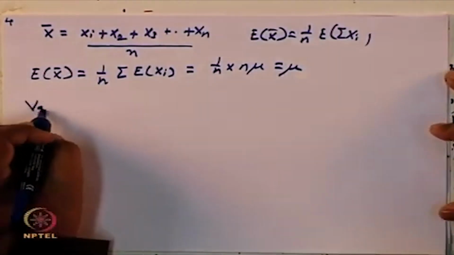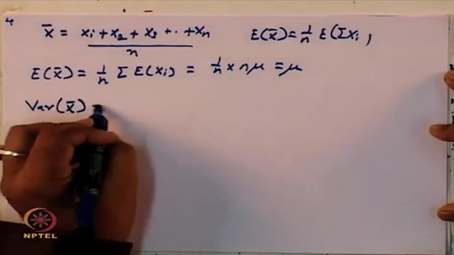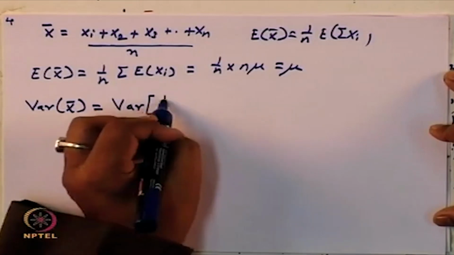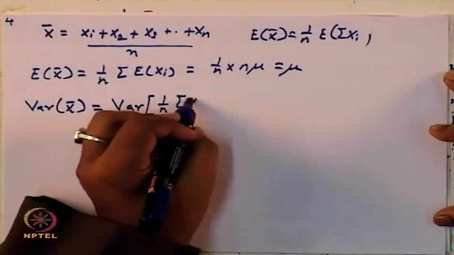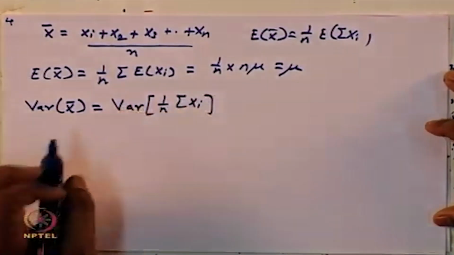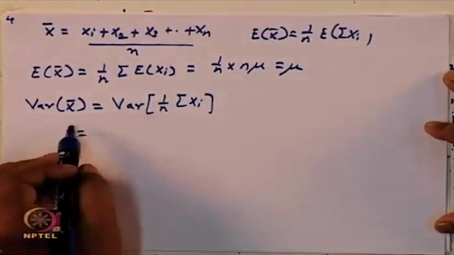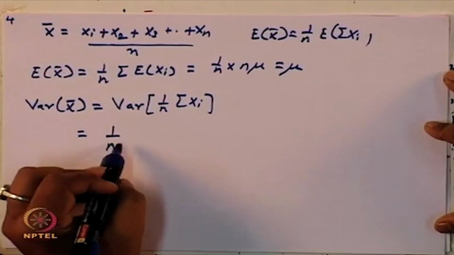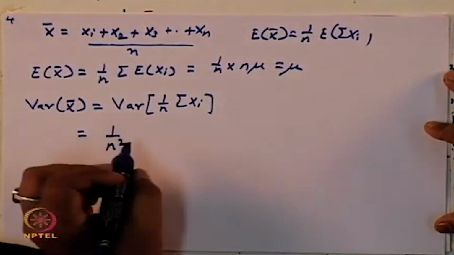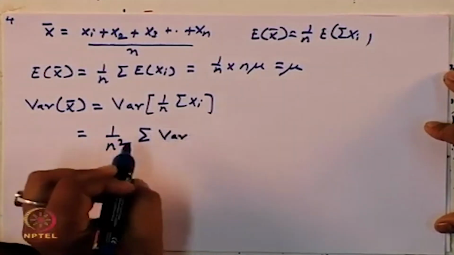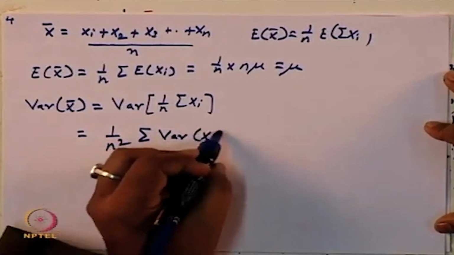And what about the variance of x bar? So, the variance of x bar is the variance of 1 by n into summation xi. Okay. And so, this 1 by n is a constant. So, if you take it out, you scale it by 1 by n square, as we have derived earlier, and because these xi's are independent, I can simply again write summation variance of xi.